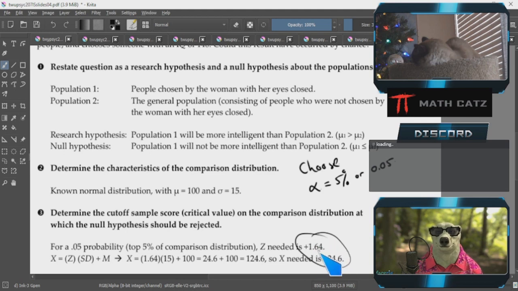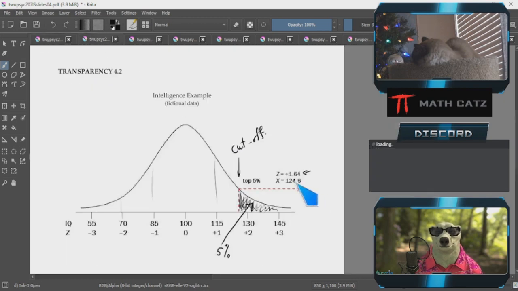If you look at a table, you have to do the standardized version. But if you're talking in the context of this question, then you can talk about actual IQ scores. So let's just think before we reveal this. What does this mean? So 124.6, we got there. So these two are interchangeable depending on how we want to talk about these things.